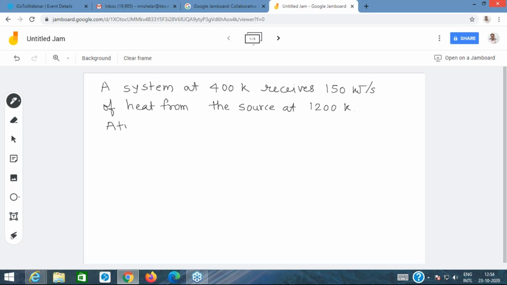So we would be assuming that the dead state temperature is equal to the atmospheric temperature, 300 Kelvin.